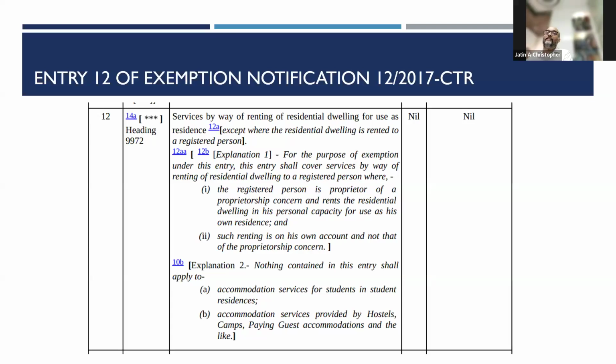Now, in a residence, not more than 20% is permitted to be used by an advocate or doctor as a home office. Raghavendra Thambi, sir.